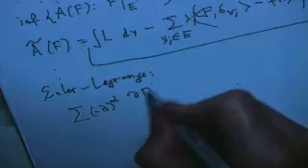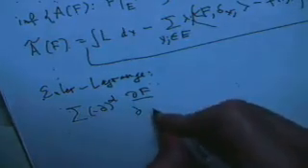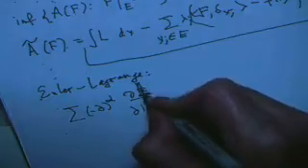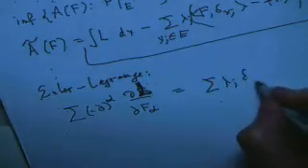I will write it: the sum of minus d alpha of dL over df alpha equals the sum of lambda_j delta x_j.